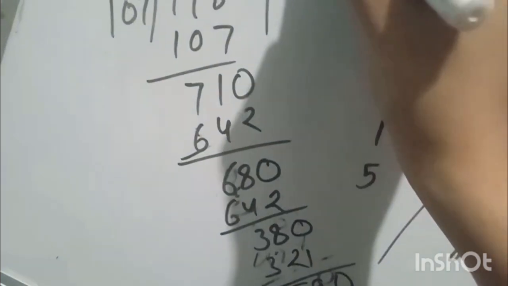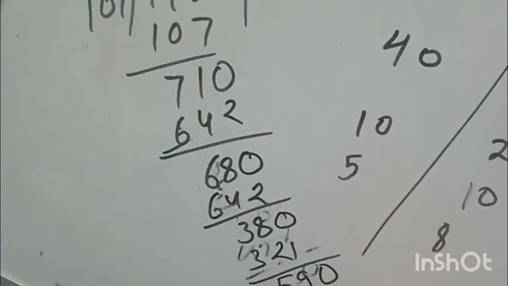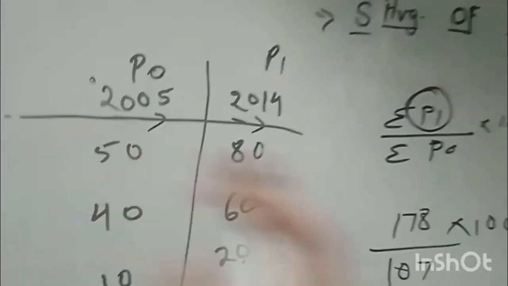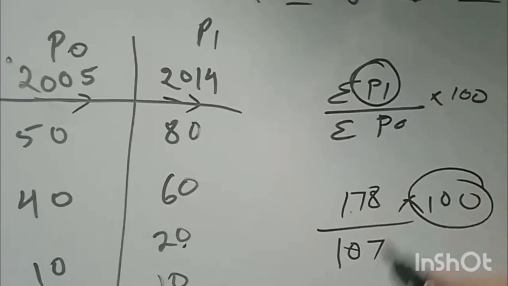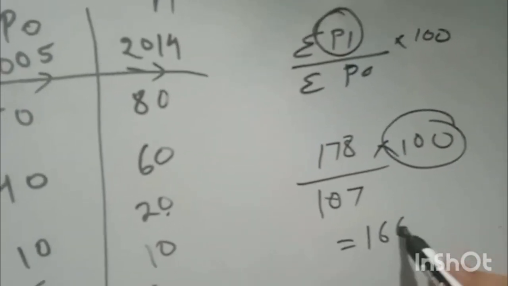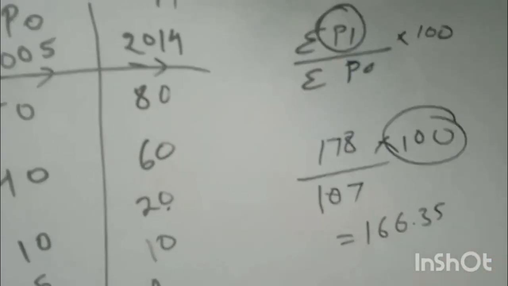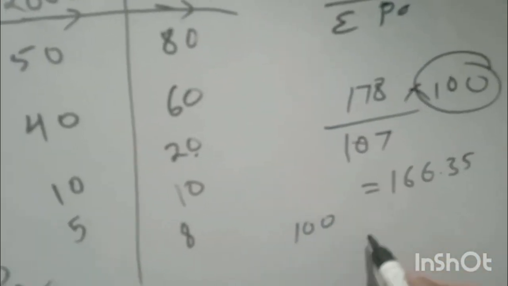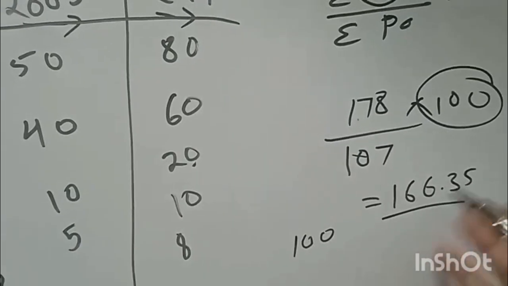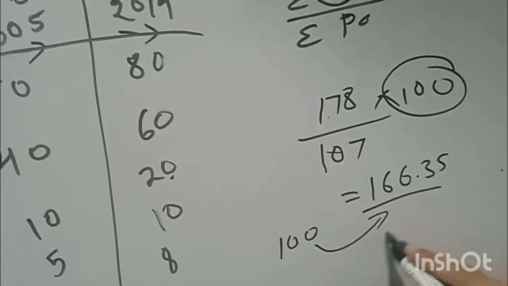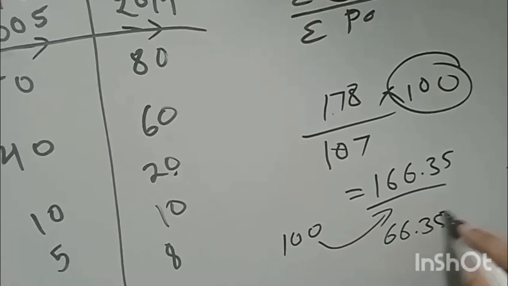So 35 and 5. The answer is 1.66, and when we multiply it by 100, it will be 166.35. Now, what does this imply? This implies that if the price in the base year was 100, the price in the current year of a commodity is now 166. So the percentage increase is 66.35 percent.